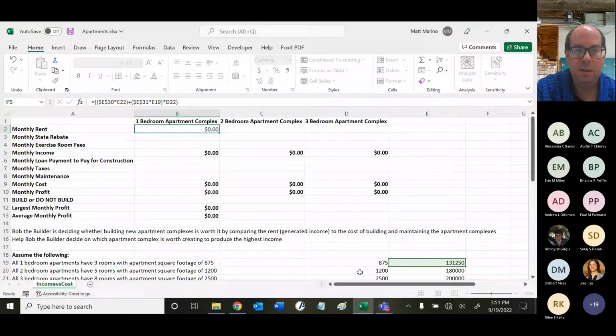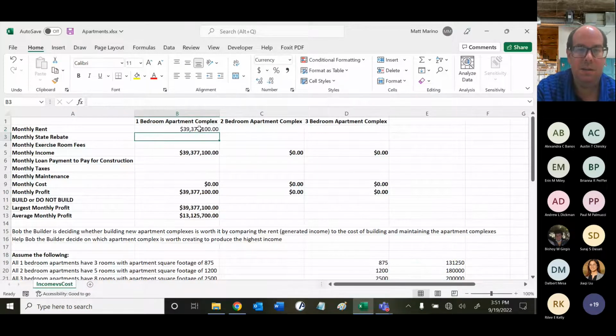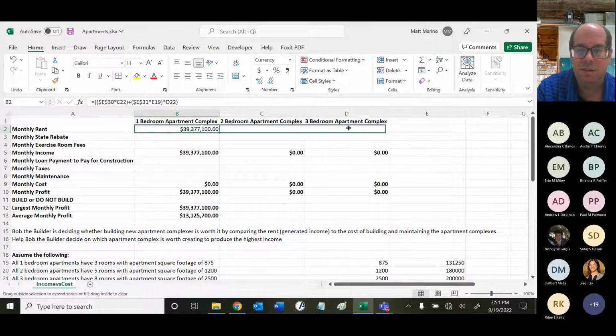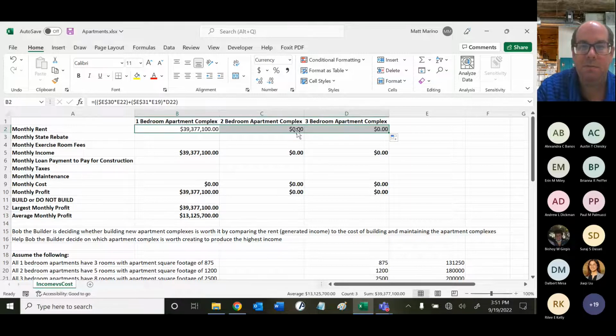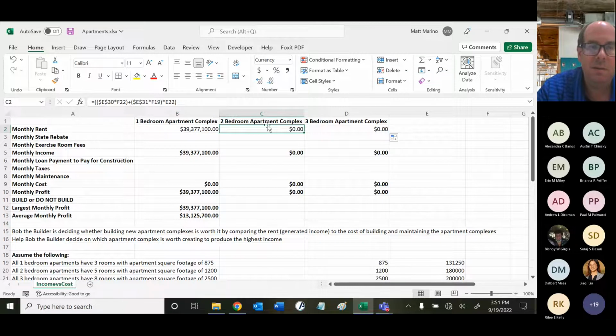Okay. So when you hit enter, you get this big amount. And you'll notice that our largest and average changes because we already put a formula there. All right, so autofill this across and you'll notice you get $0 for both. That's because we have to change the non-absolutes.